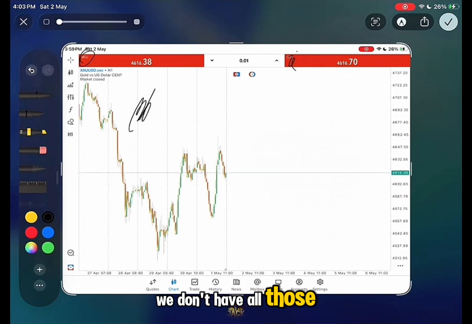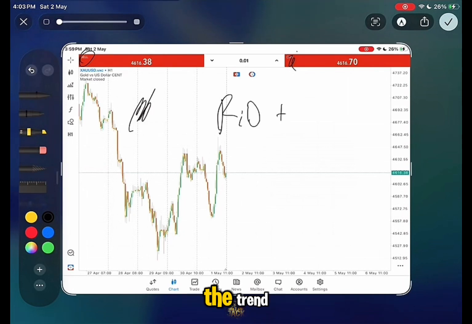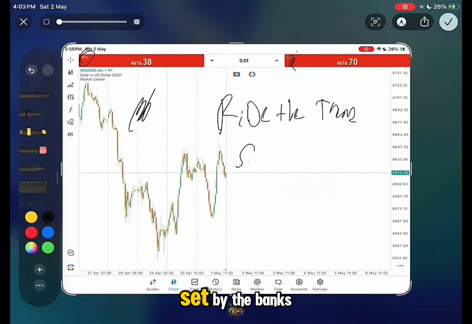We don't have all that knowledge. We don't have all those tools to use in order to be a successful millionaire foreign exchange trader. We are retail traders, where we ride the trend set by the banks.